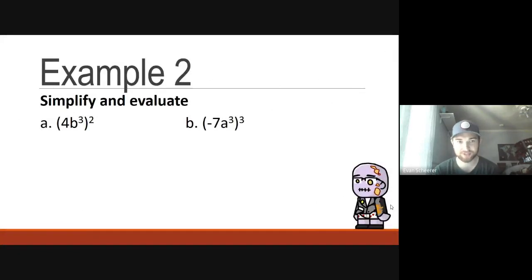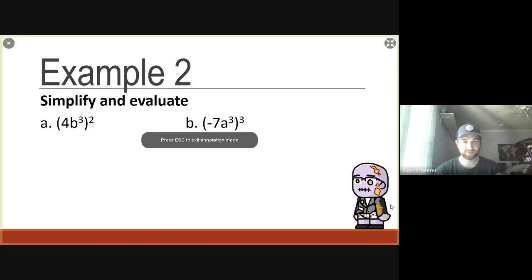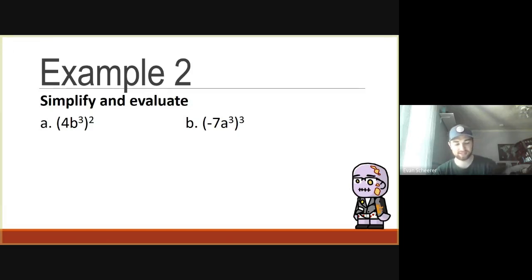So now here we're going to simplify and evaluate. We're going to think about the rules and then see if you can get this. So 4b cubed, oops, let me erase that. And let's go back to black. So this is going to be 4b cubed. What in the world is that? 4b cubed times 4b cubed, which is 4 times b cubed times 4 times b cubed, right?